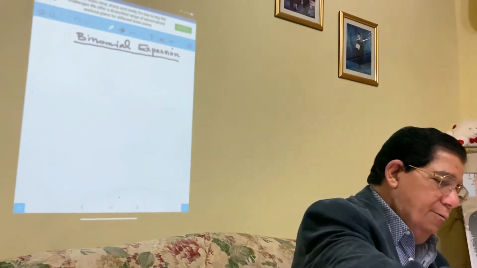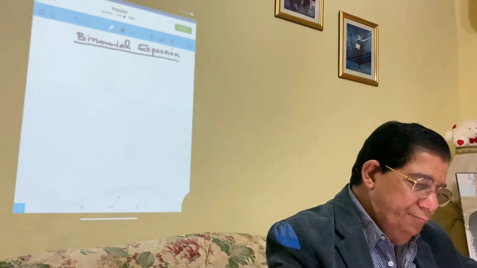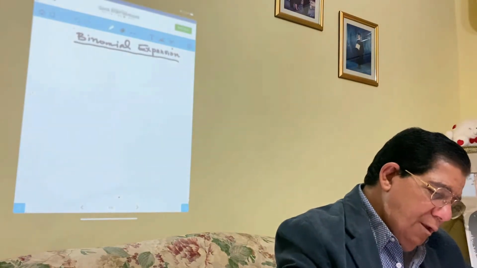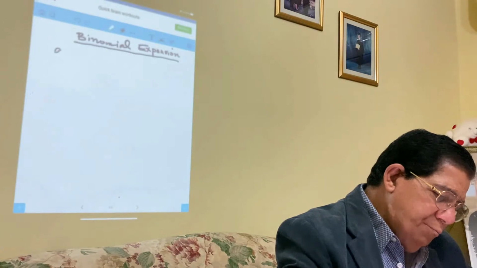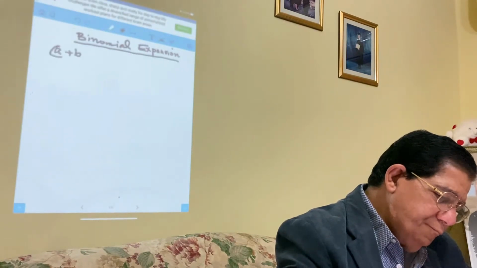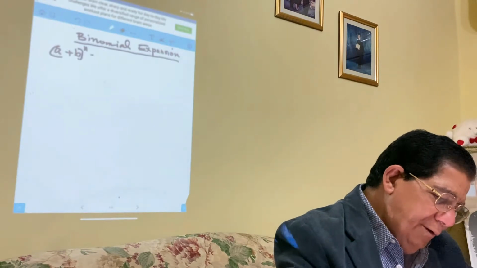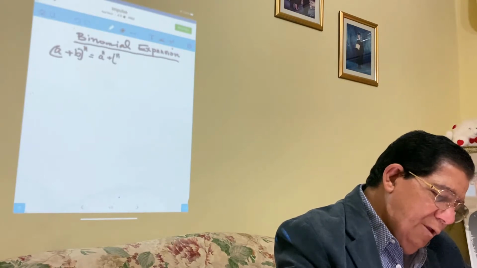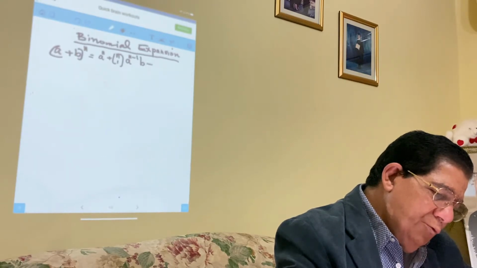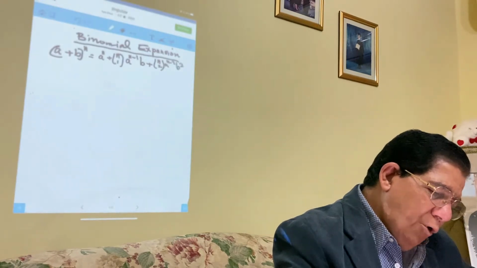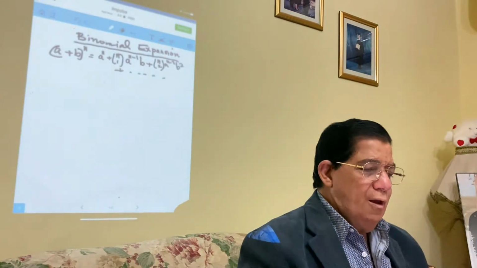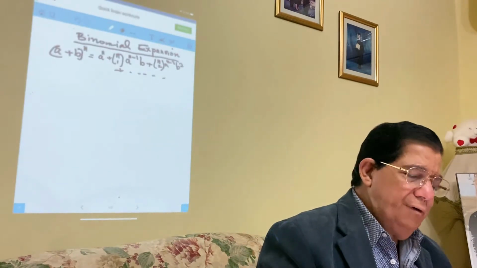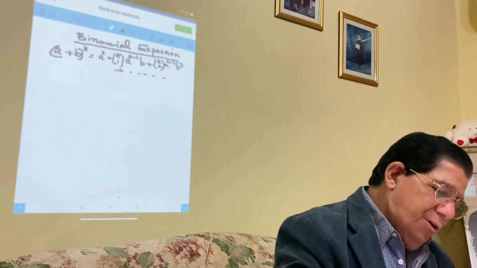We took one rule. It says (a plus b) to the power n equals a to the power n, plus n choose 1 a to the power n minus 1 b, plus n choose 2 a to the power n minus 2 b squared, and so on. And we are given in the formula sheet another interesting rule.